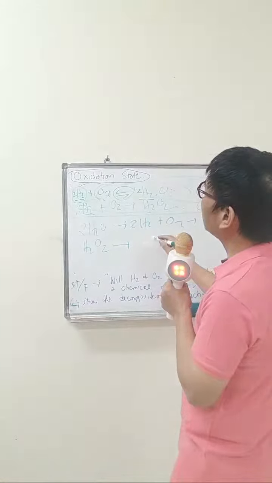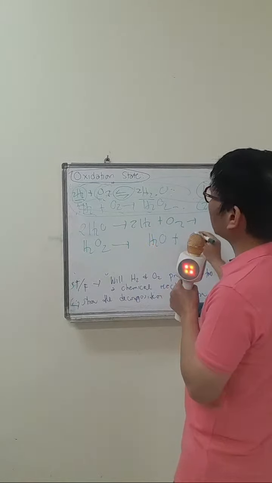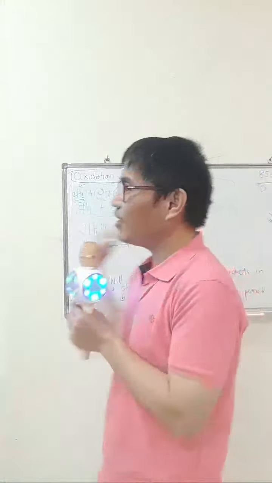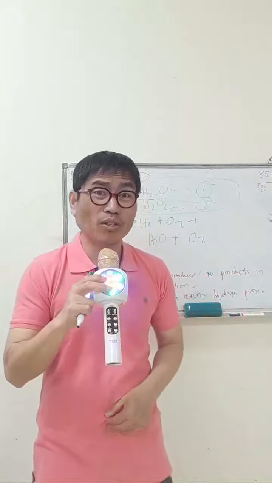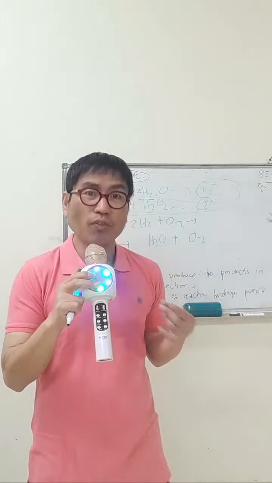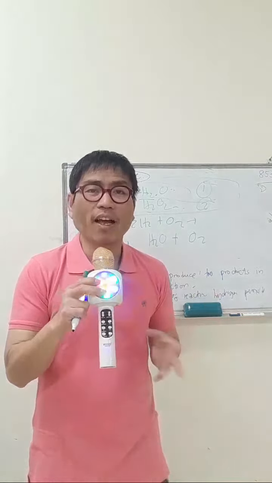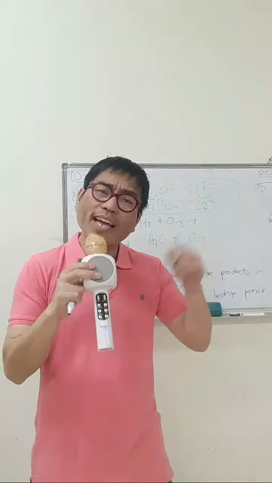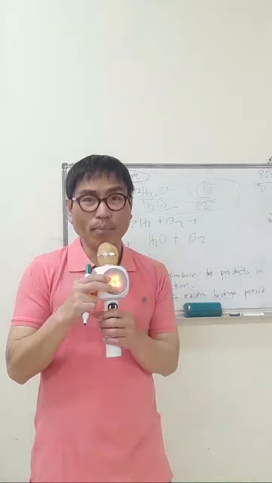H2O2 is equal to water plus oxygen. Guys, I forgot to tell you, if you are really concerned with the phase of the matter, the phase or form or state of matter, it's all synonymous, we need to put symbols.